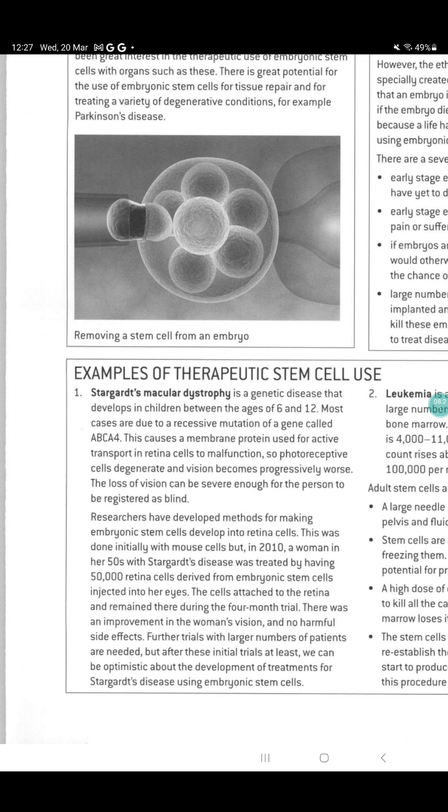Most cases are due to a recessive mutation of a gene, ABCA4. You should remember the name of the gene, ABCA4. This causes a membrane protein that is used for active transport in retina cells to malfunction. So photoreceptive cells degenerate and vision becomes worse.